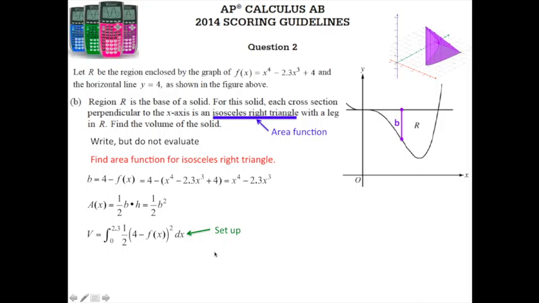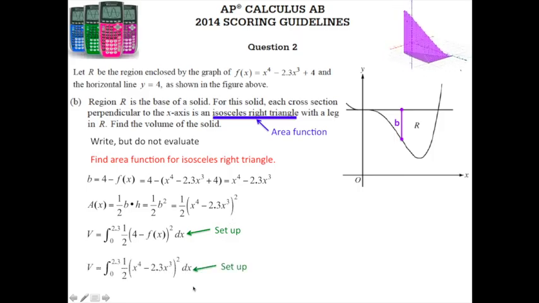And then now we can simplify this if we want to. So I did throw the polynomial in here and simplify it. And I did the same here. And then we could have this as a setup as well, which would be correct.